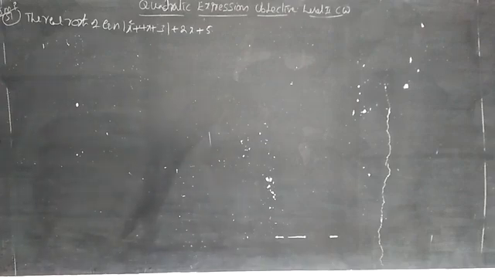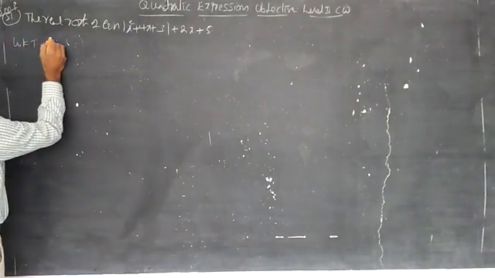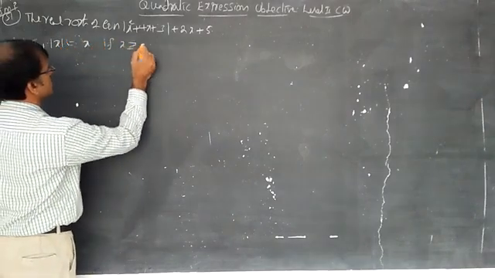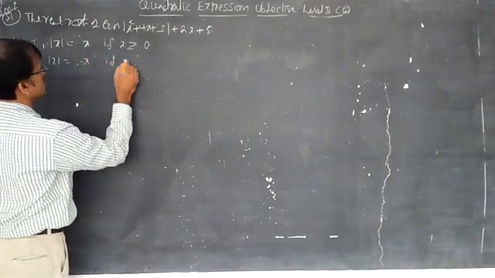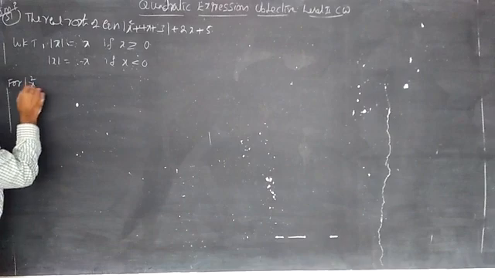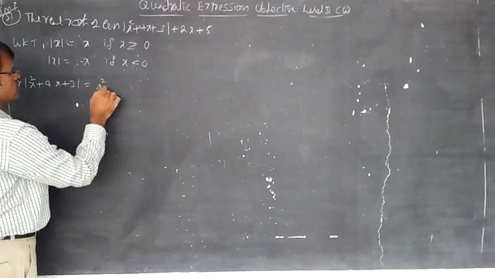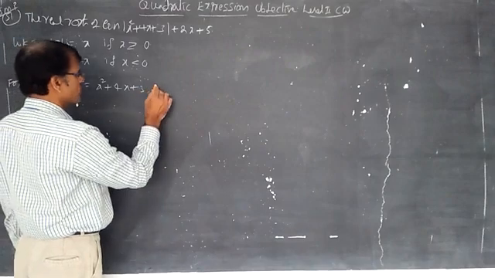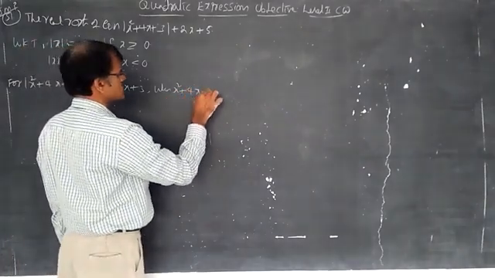We should calculate real roots. For modulus value, we know the theory I am writing here: modulus of x is equal to x if x is greater than or equal to 0, and modulus of x is equal to minus x if x is less than 0. So modulus of x square plus 4x plus 3 is equal to x square plus 4x plus 3 when x square plus 4x plus 3 is greater than 0.